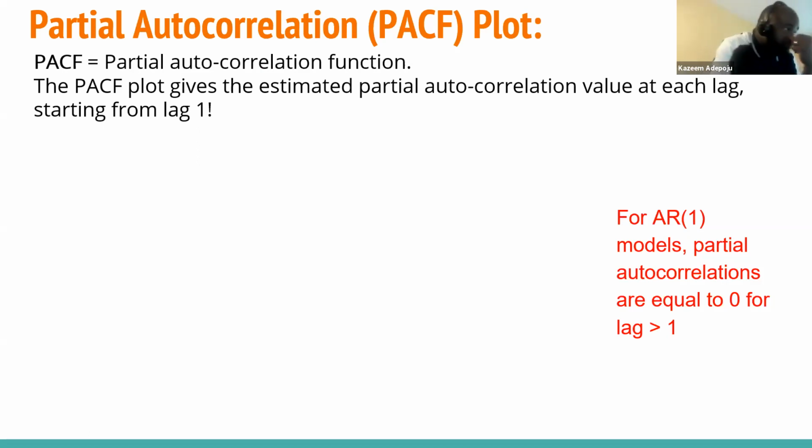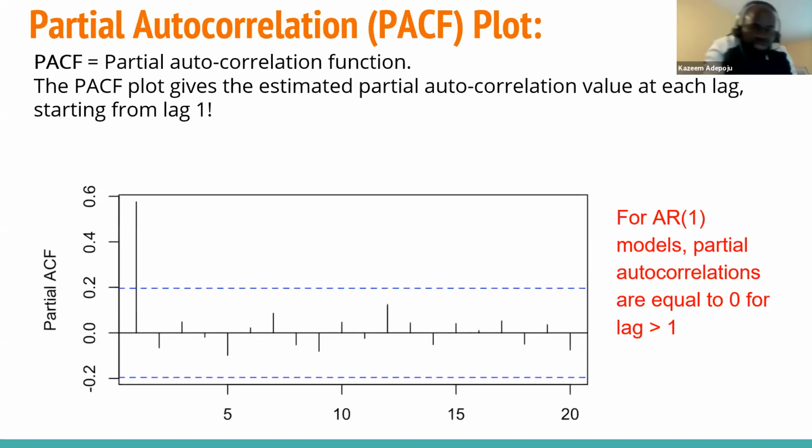The PACF plot gives the estimated partial autocorrelation value at each lag, starting from lag 1. Now we're going to see the plot. It is going to look like the ACF plot.